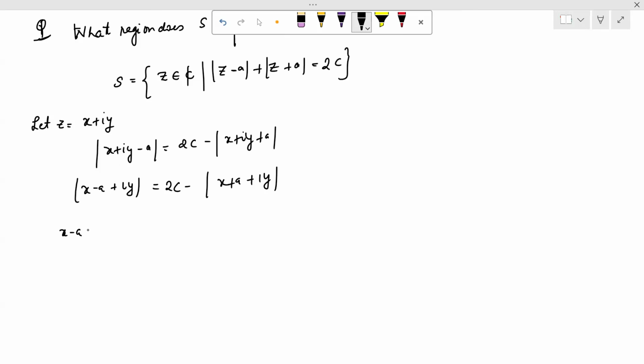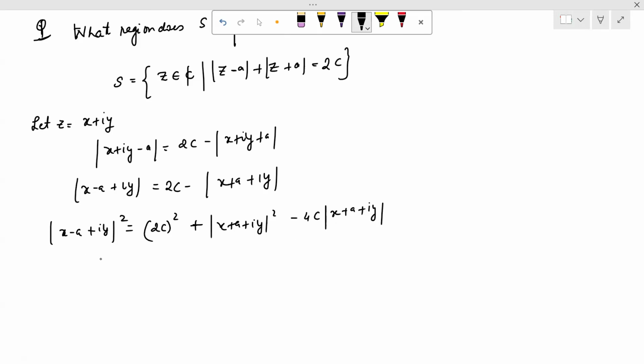So the left side will be modulus of X minus A plus iota Y whole square, and it will be 2C whole square plus modulus of X plus A plus iota Y whole square, and then certainly you will get minus 4C modulus of X plus A plus iota Y.